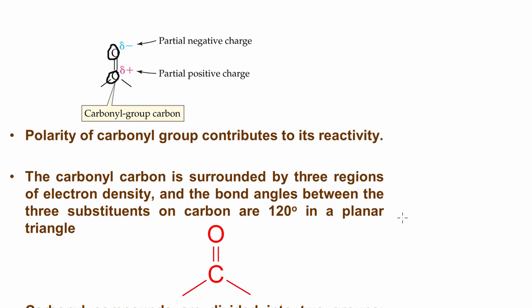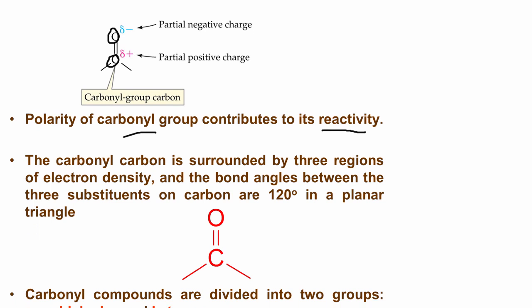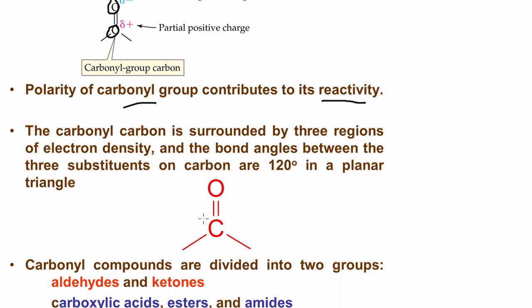So it's the polarity of the carbonyl group that contributes to its reactivity. The carbonyl carbon, as you can see, is surrounded by three electron clouds, or three regions of electron density. These bond angles are about 120 degrees, and this is a planar triangular molecule.